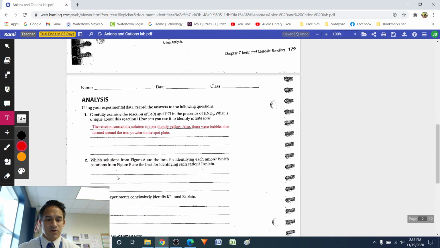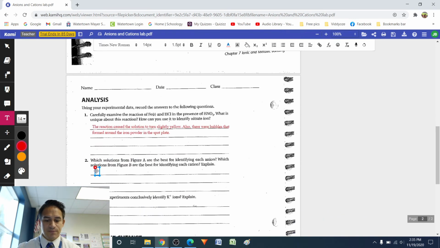Okay, so for figure A, you can basically say that AgNO3, I'm going to do the little subscript button, there we go.